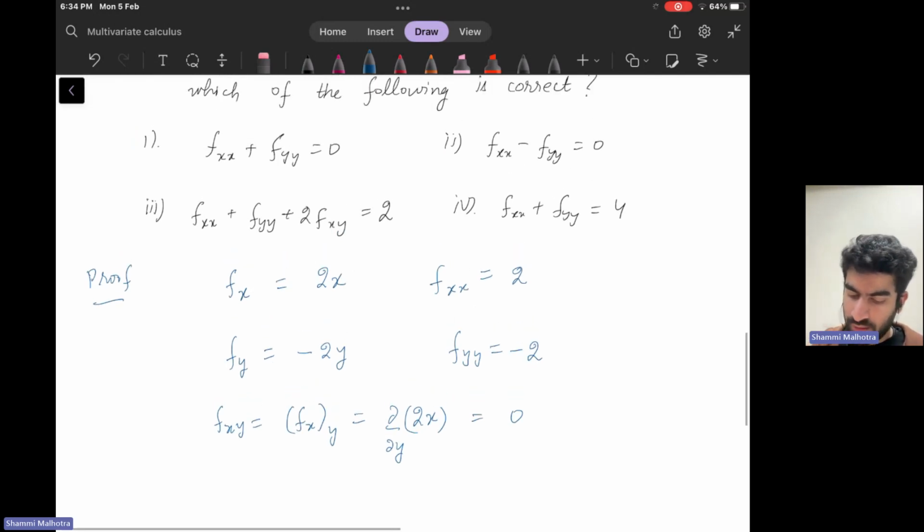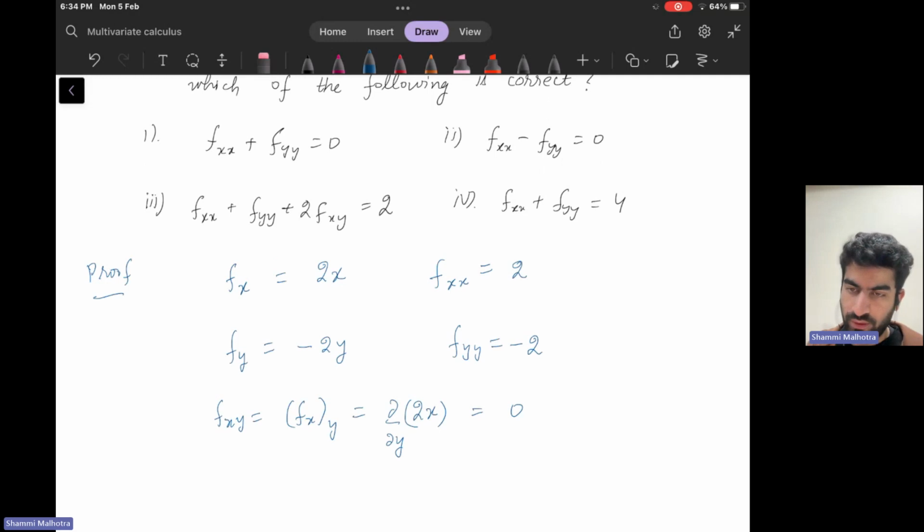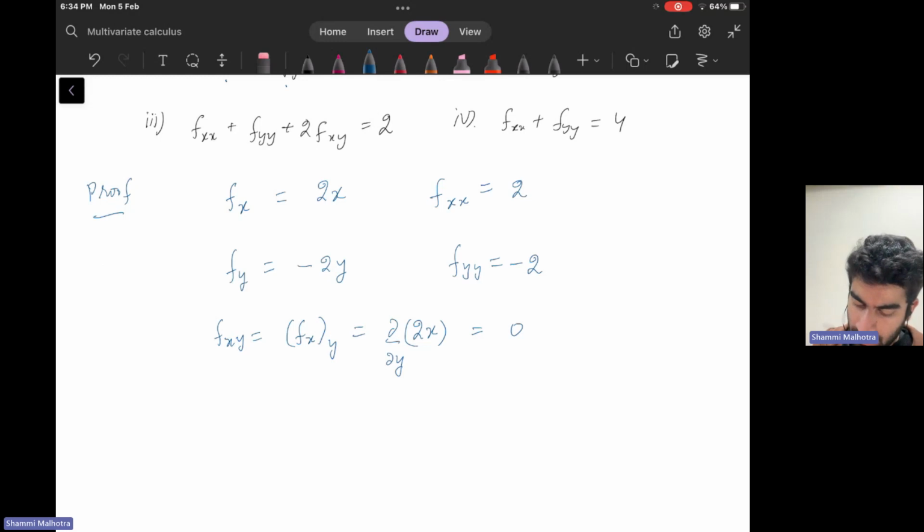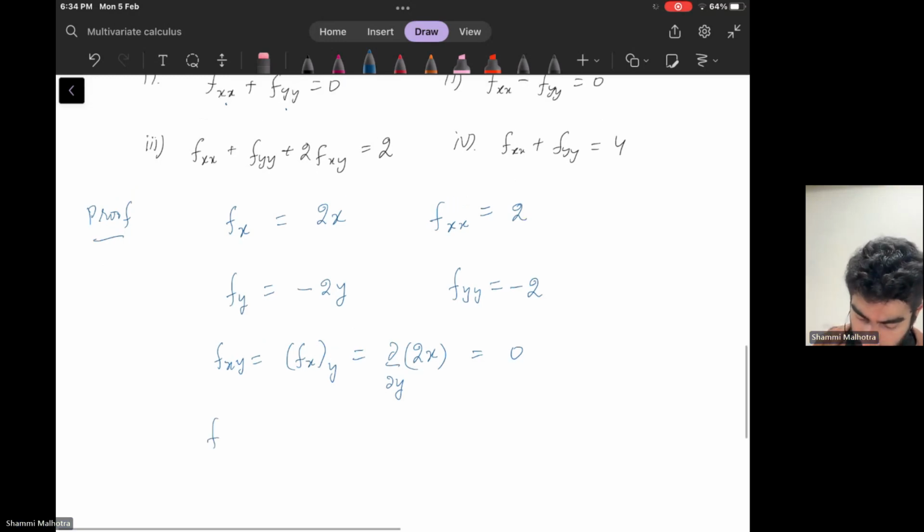Now we would like to see which options could be possible. For the first one, the sum fxx plus fyy has to be 0. Let us consider the sum: fxx plus fyy is 2 plus minus 2, and so this is 0 only.